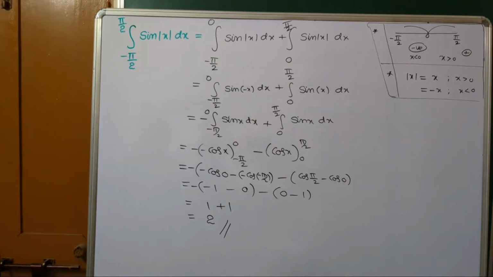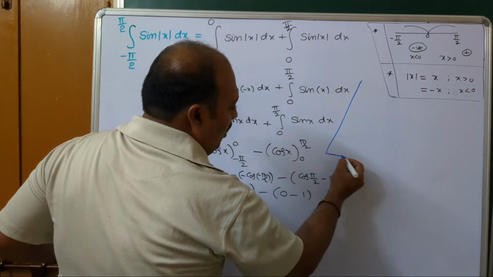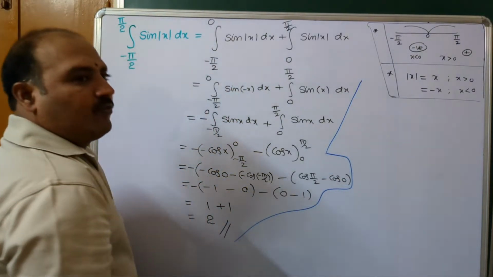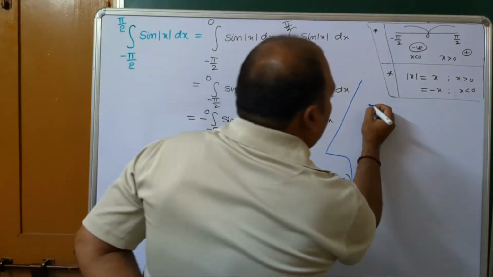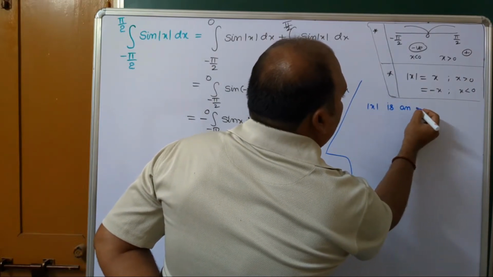This is the way. So I said another method. Alternate method also we can do from here. So how to do is, mod x is an even function.